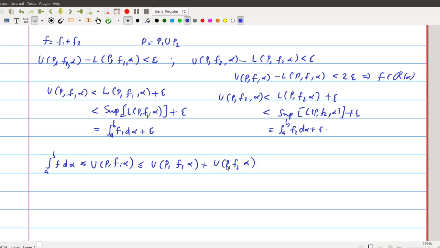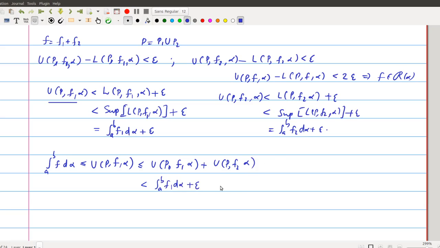Okay, this can be replaced by, this is for the partition P1, U(P1, f1, alpha). So this is less than the integral from a to b of f1 d alpha plus epsilon.